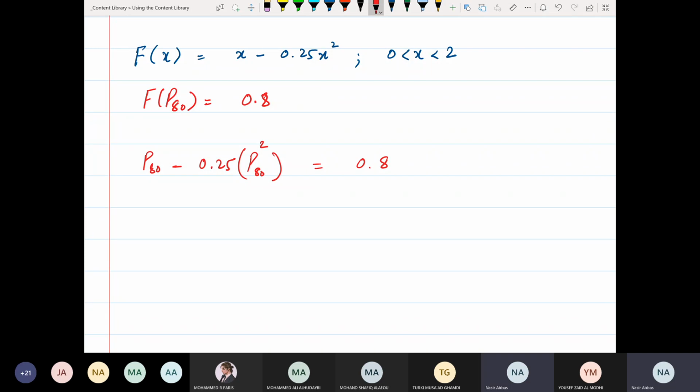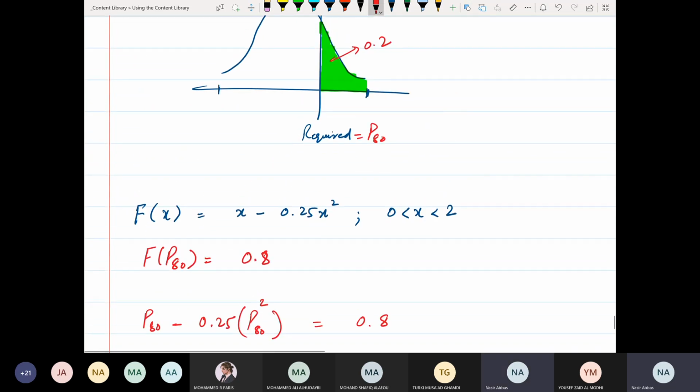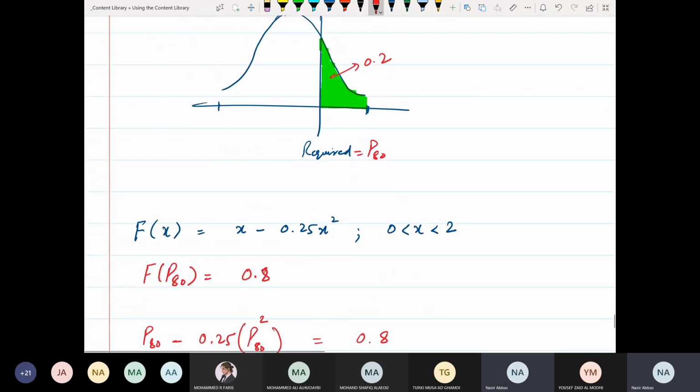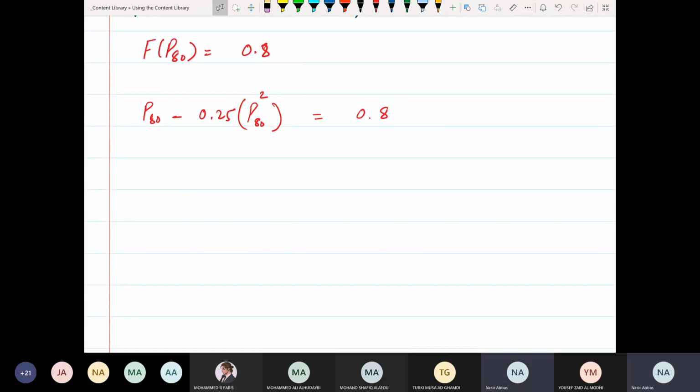It's less than or equal, right? Yes, it's less than or equal. In general, it is less than or equal. Now let's solve this equation.